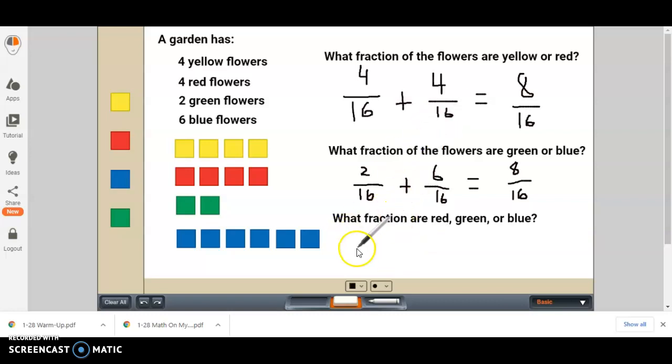So looking at before, we had 4/16 are red, 2/16 are green, and 6/16 are blue, which gives us the answer 12/16.